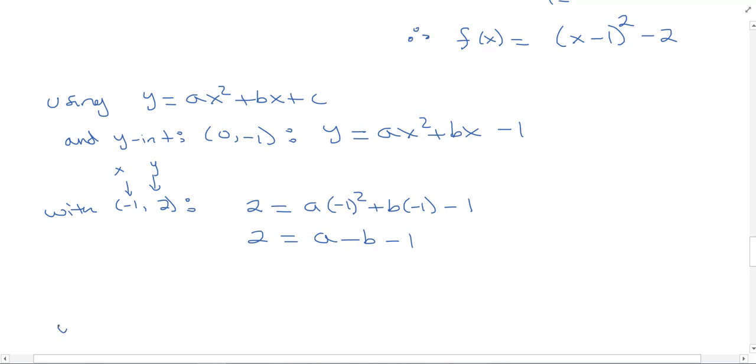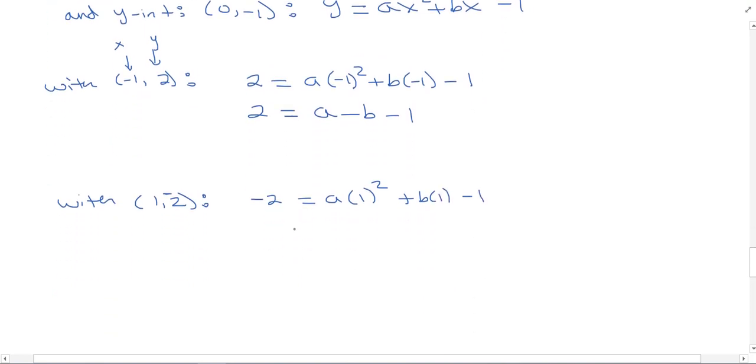But now with the other point, with the point 1, negative 2, I do the same thing. So I will have y is negative 2, so negative 2 equals a times x, which is 1 squared, plus b times 1 minus 1. And so we have negative 2 equals a plus b minus 1.